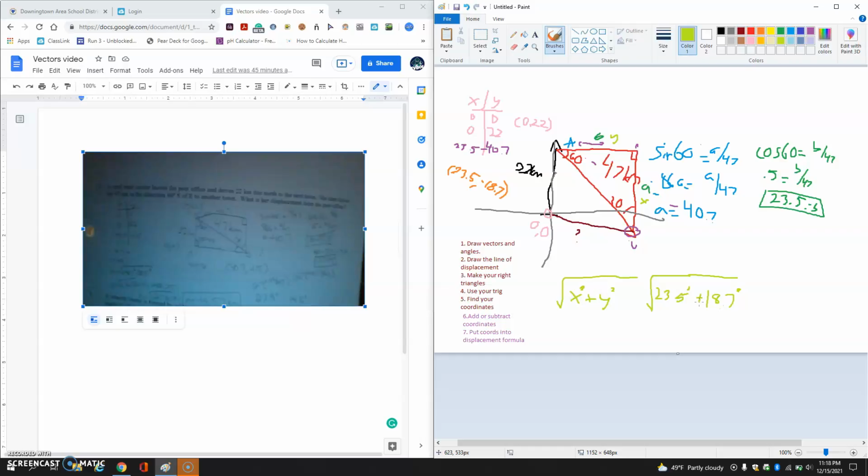So do the math real quick. 23.5 squared is 552.25, plus 49.69.